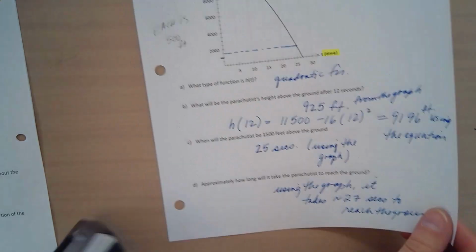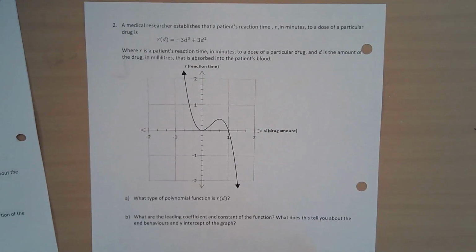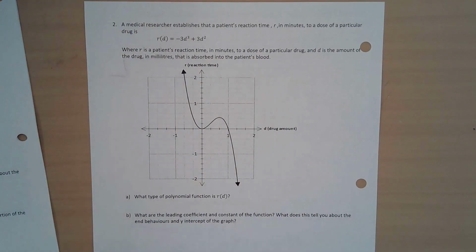And then one more application. So same type of thing I wanted to bring to your attention. So here's what I was talking about a little while ago. A medical researcher establishes that a patient's reaction time to a dose of a particular drug is given by R, the reaction time.